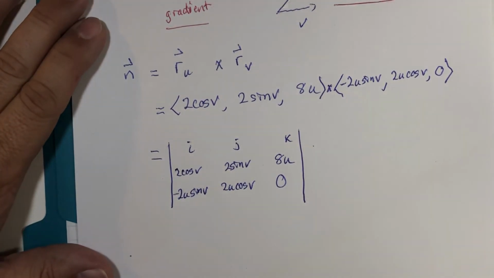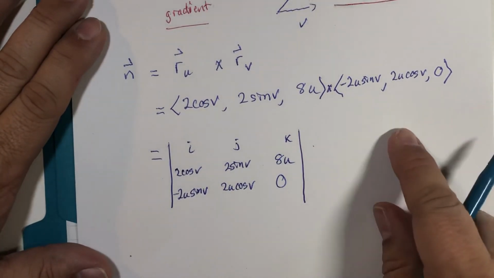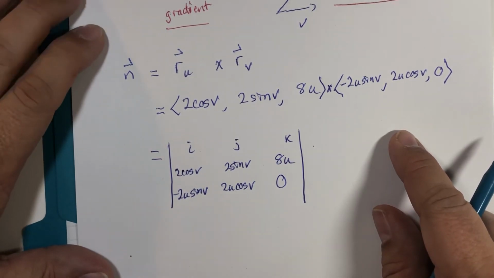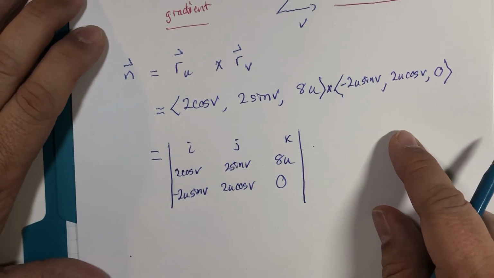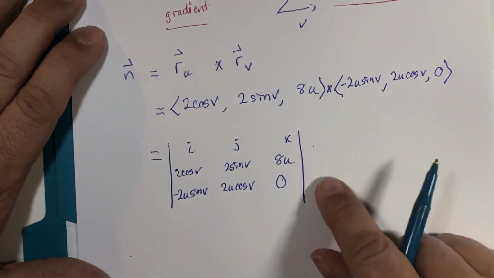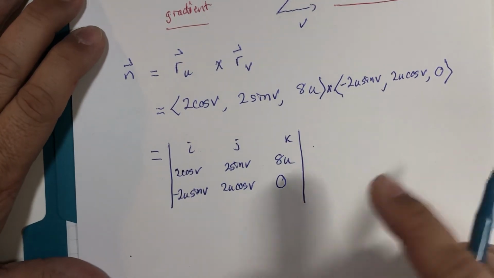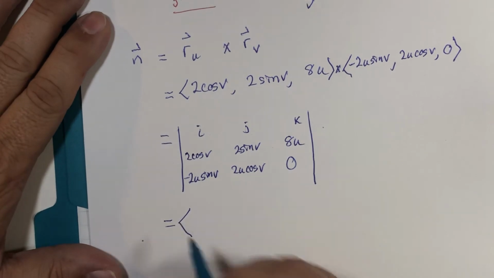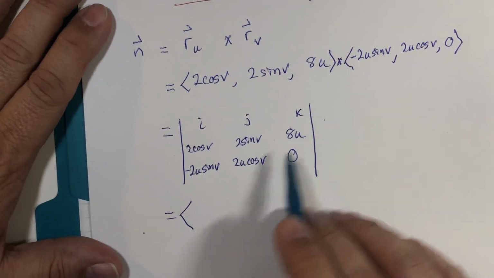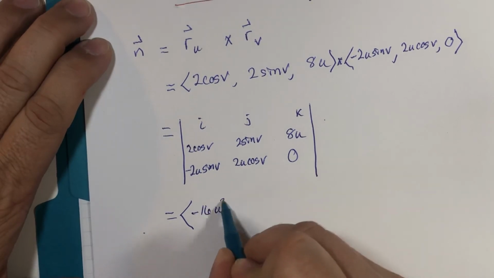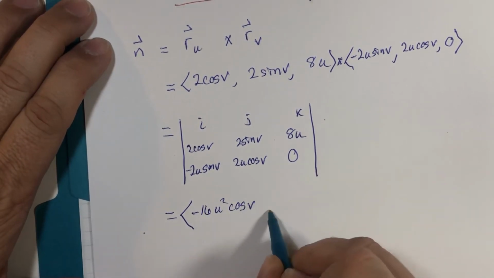But any method you use for calculating a cross product, I've mentioned in my own classes, there are at least 3 sort of common gimmicks or tricks for doing a 3x3 determinant. And if you write it that way, or you can just memorize the cross product formula. This comes out to be 0 minus 16u squared cosine of v.